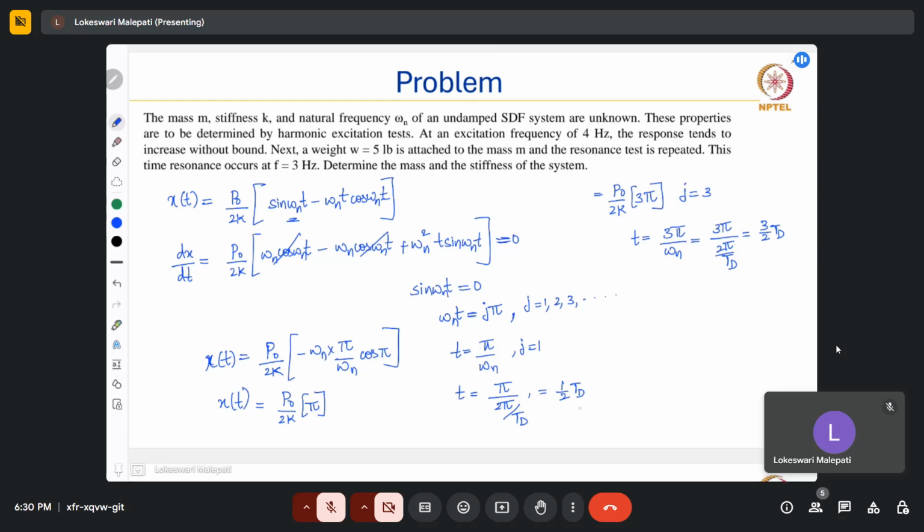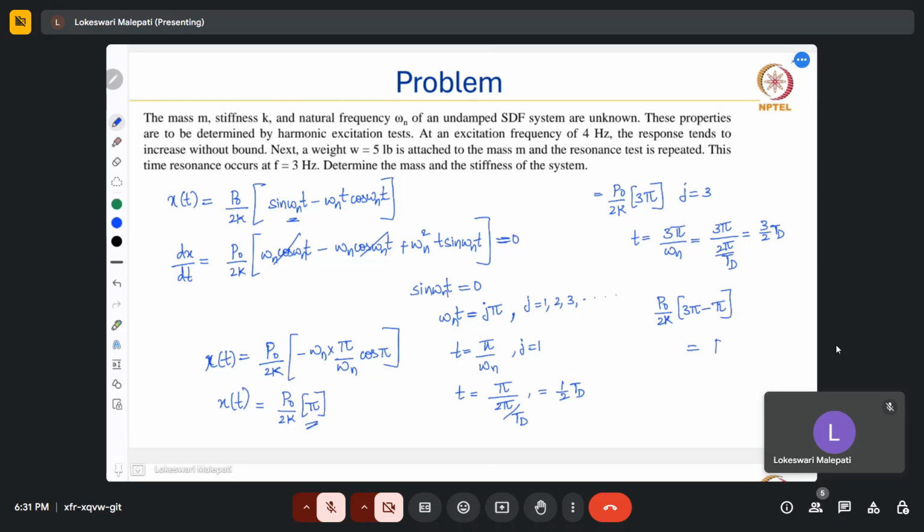At half of the cycle, there is one local maximum, and in the next cycle, in that half, there is one more local maximum. So the difference between these two amplitudes gives how much amplitude is increasing for this resonance condition. So that is P naught by 2k times 3 pi minus this value, which is just pi.